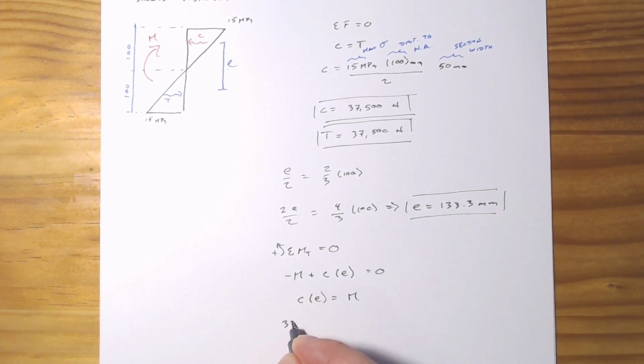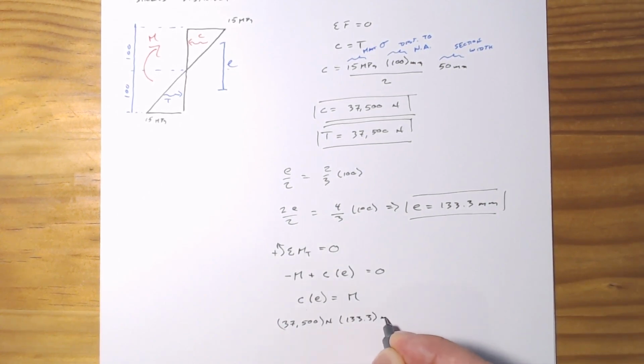So 37,500 newtons times 133.3 millimeters equals M. And then let's go ahead and get this into kilonewtons and meters. To get there, we need to divide by 1,000.